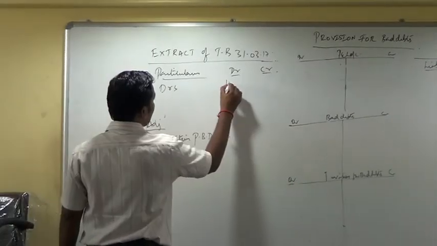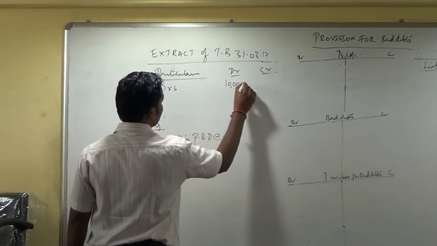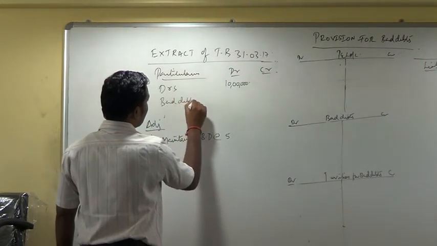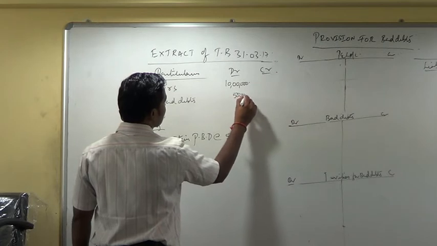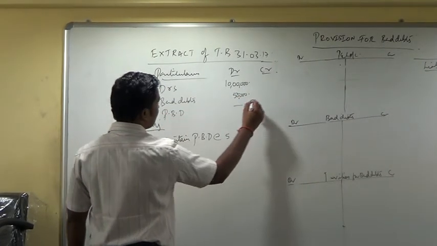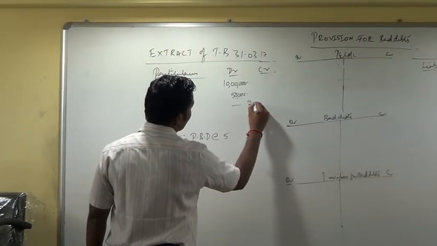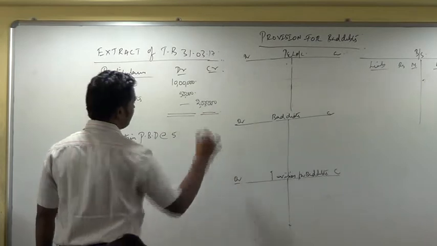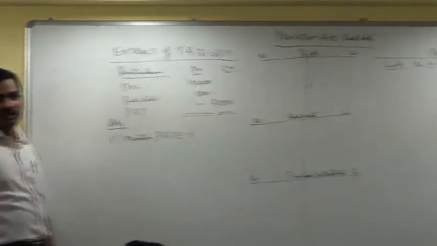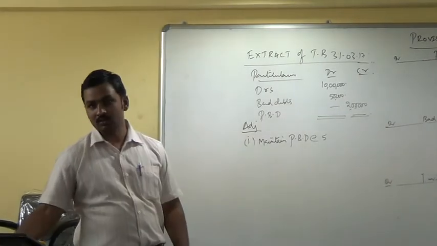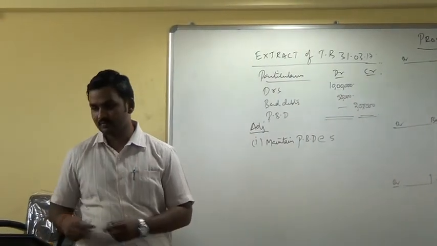Debtors: debit balance only 10 lakh. Bad debts: debit balance only 50,000. Provision for bad debts: credit balance 2 lakh rupees. This is what is given inside the trial balance.